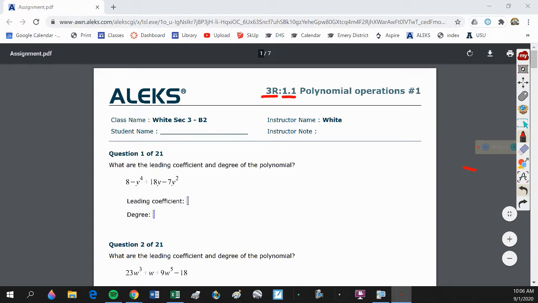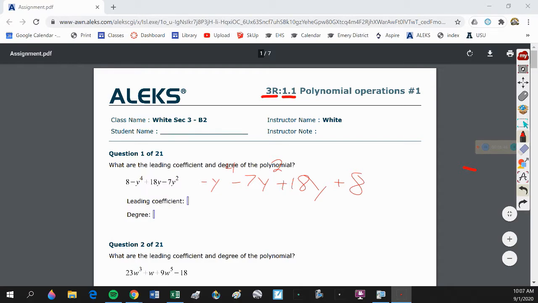Okay? So we usually take polynomials and order them from largest exponent to smallest exponent. This one is out of order. If I did reorder it, then I would do -y to the 4th minus 7y squared plus 18y plus 8. Okay? And the first coefficient, when you put them in order, is referred to as the leading coefficient.